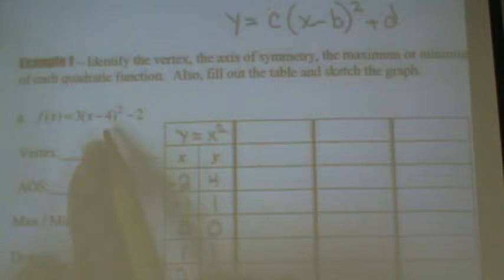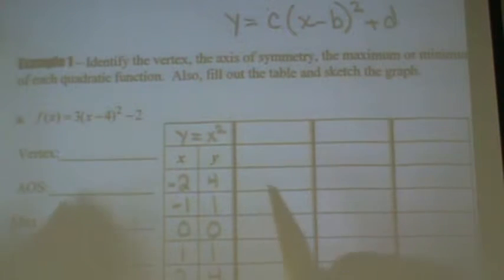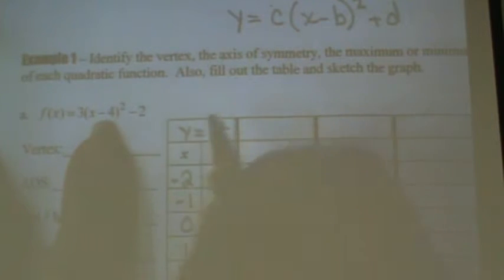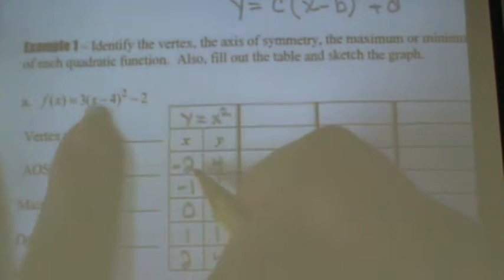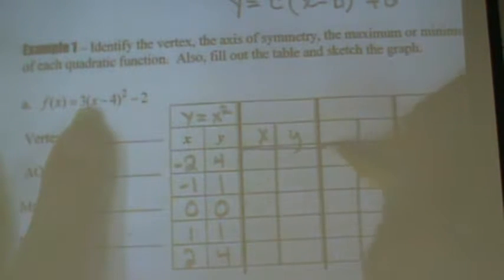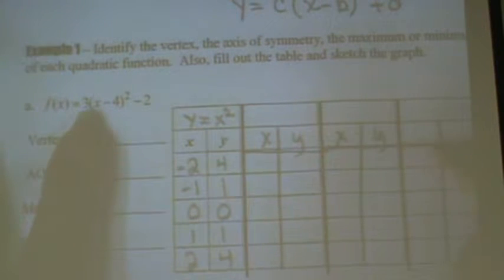It's -4. Remember what I said, this changes your x values. So you're going to take these ordered pairs, and you can actually go like this too. Put x, y. You're going to split this t-chart up. I didn't do it for you.